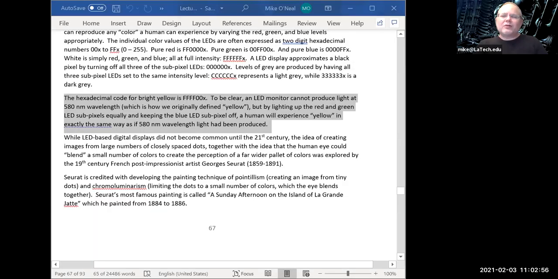Last time we were talking about the anatomy of the human visual system, and we talked about the fact that we have rods which detect light and dark, and cones which detect color, where we have three types of cones.